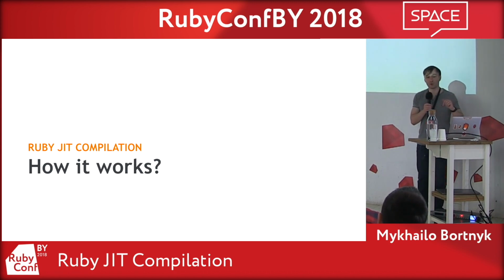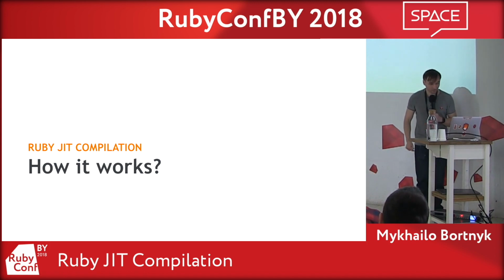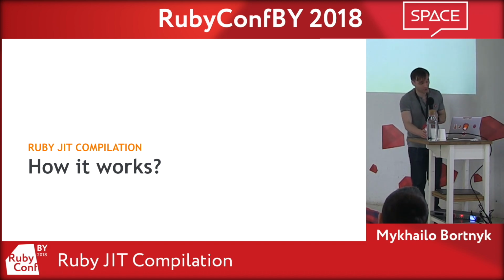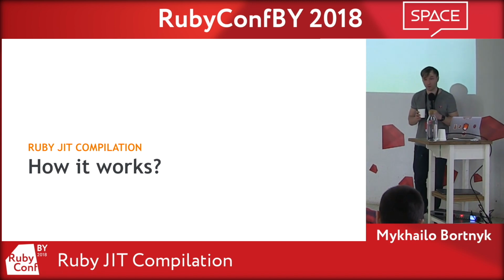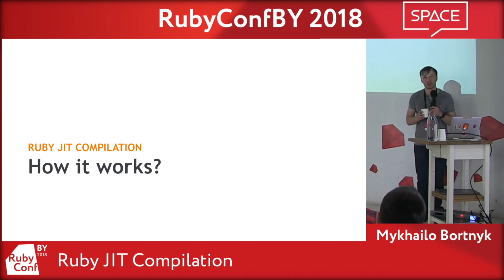You've seen it in the previous presentation from Bozhidar, Rubocop working with ASTs. After that, the Ruby compiler compiles it to instruction sequences, to bytecode. And after that, the virtual machine finally executes the code. So in the common case, in this process, you lose like 5 to 20% of time doing this every time.